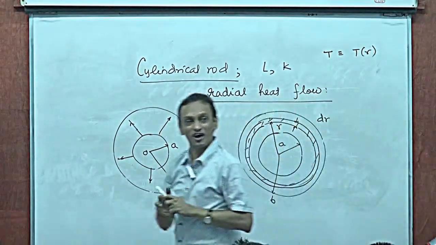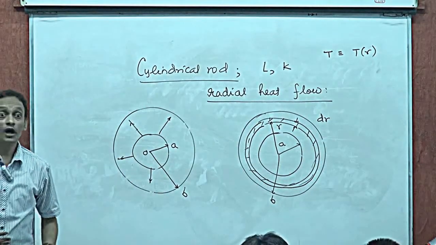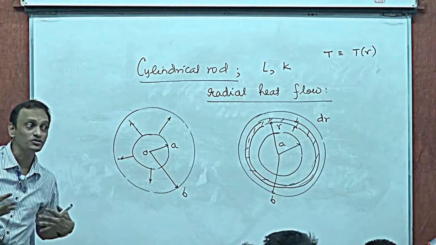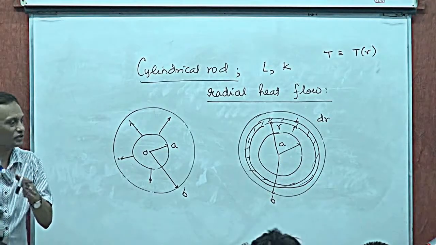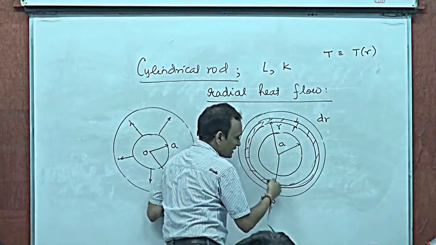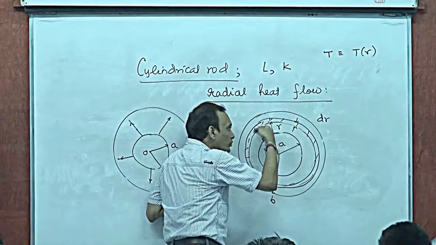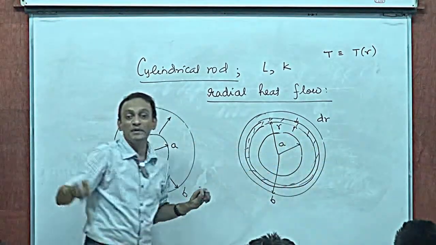So this is a one-dimensional problem, because it depends only on the radius. That means if you take at a distance r a cylindrical surface, then at all points on this surface the temperature would be the same, right?